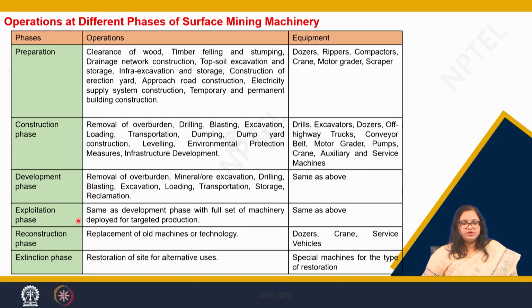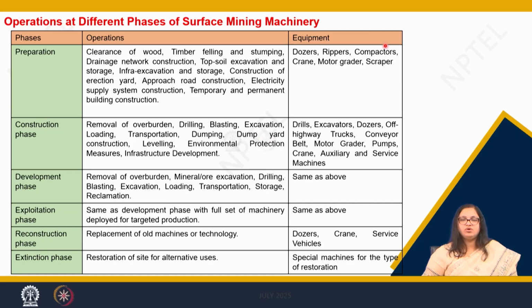Now when we talk about the different operations at the different phases of surface mining, you can see there are multiple phases starting from preparation to the extension phase, where we use different groups of equipment.